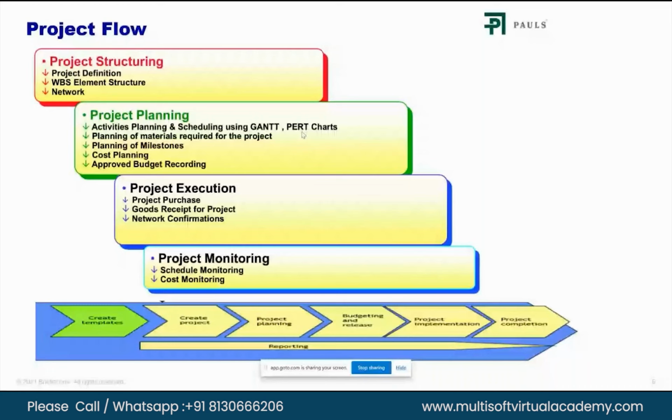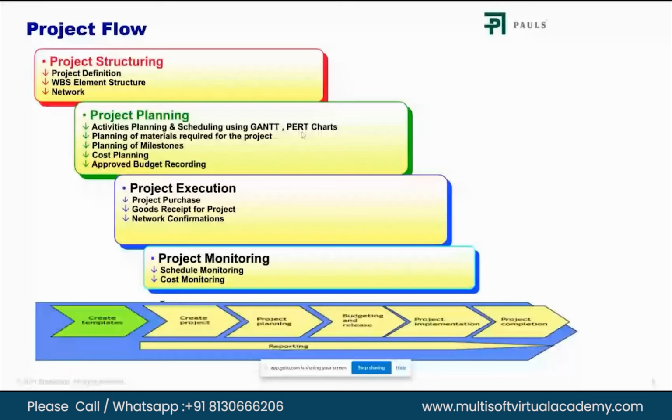Next step would be project execution, wherein your budget is approved, and you have distributed this budget across all the WBSs. Once that is done, you will release the budget on all the WBS, and you will ask the MM team to start procurement and also the FI team to book their documents on the WBS. Say there's one WBS that has gone as construction of clubhouse.